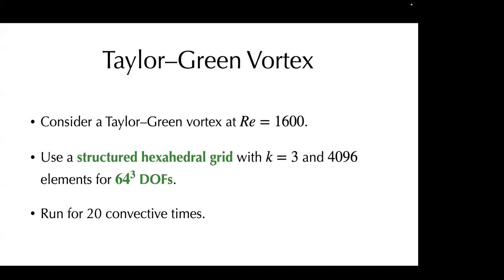To try and illustrate what I mean here, we're going to look at a classic case, which is a Taylor-Green vortex at Reynolds number 1600. We're going to use a structured hexahedral grid with degree 3 polynomials for a total of 64 cubed degrees of freedom, and we're going to run for 20 convective times.